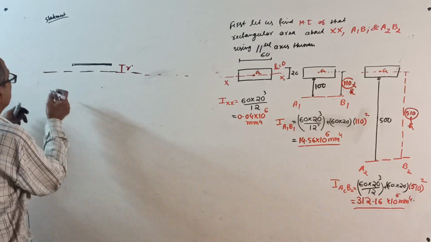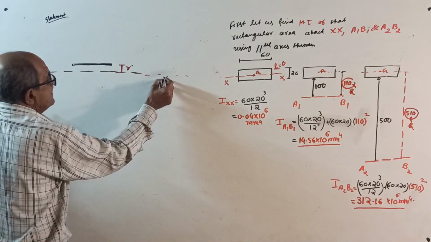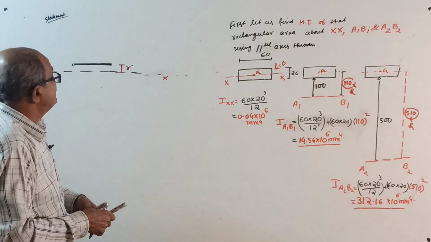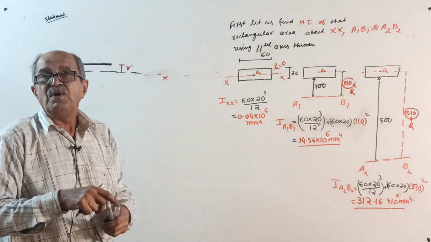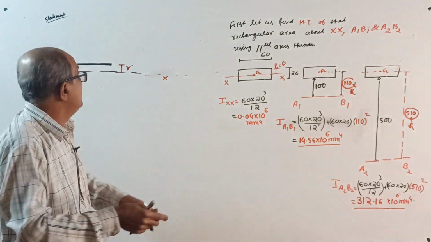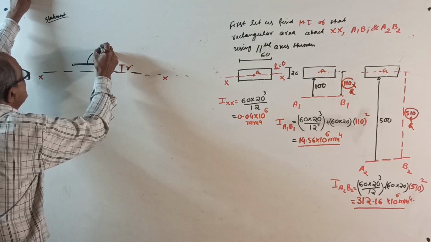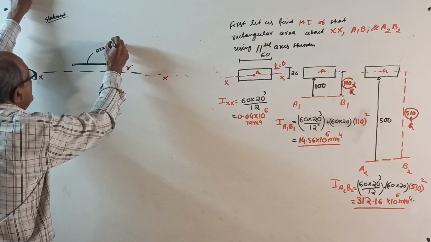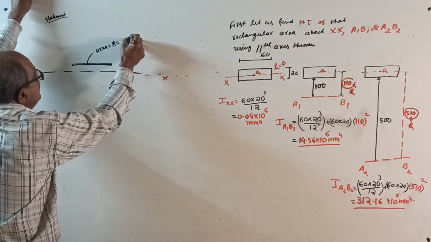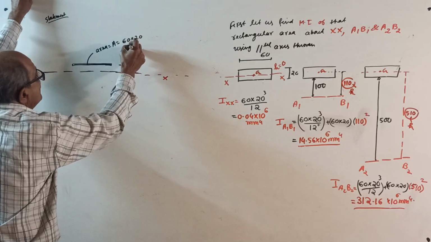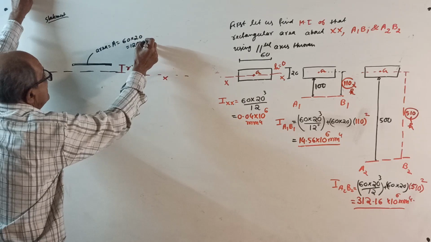This is your x-axis. It is the constant distance from the axis where the entire area is squeezed. Remember, the area A equals 60 into 20, which is 1200 mm square.